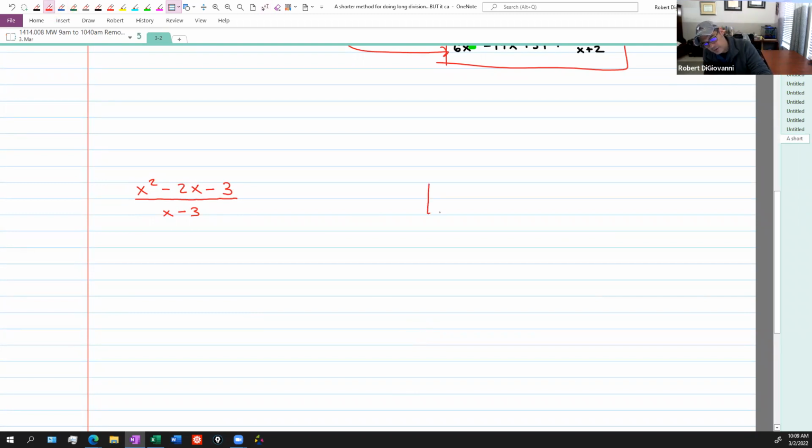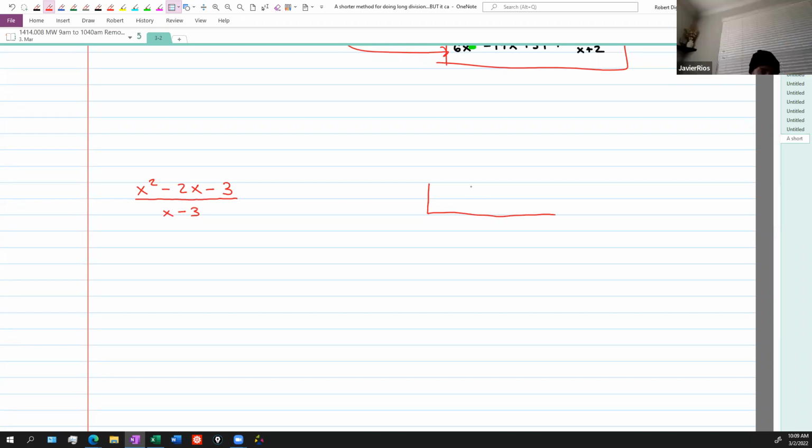Upside down box. What are the numbers that go in the box? 1, -2, -3. What number goes on the outside of the box? +3. Okay.